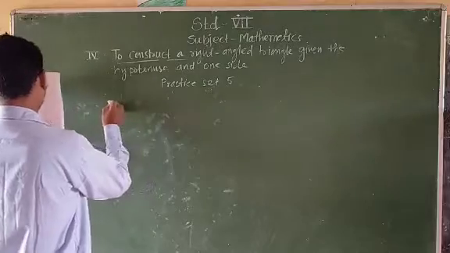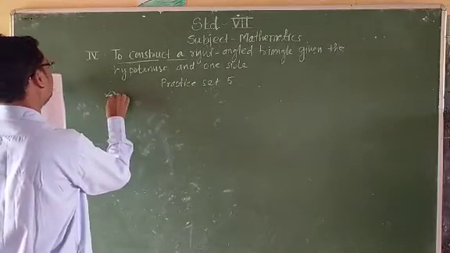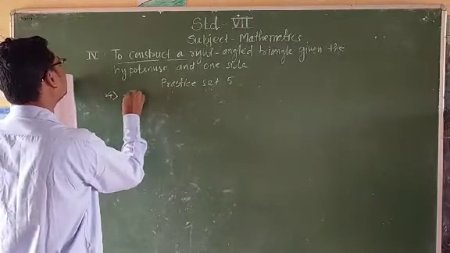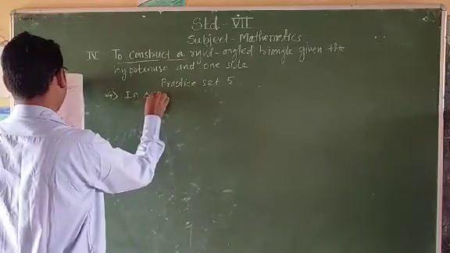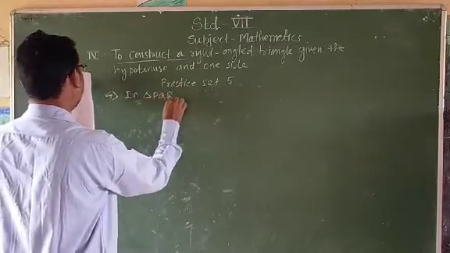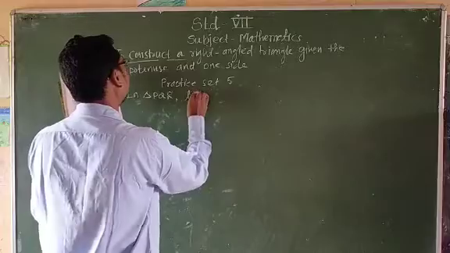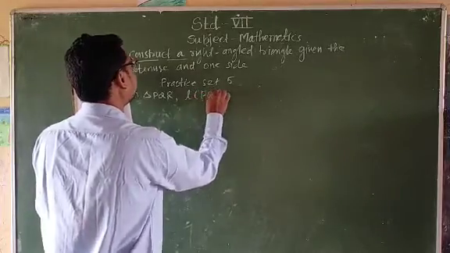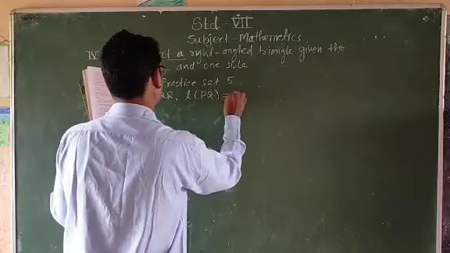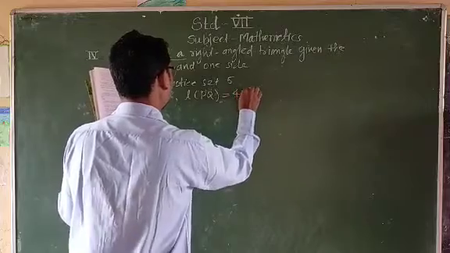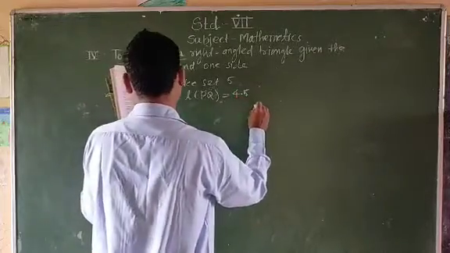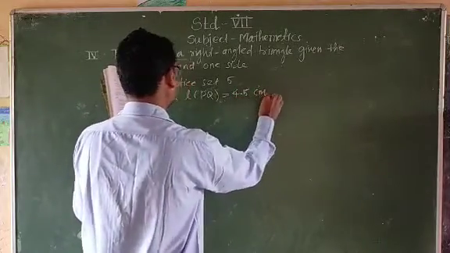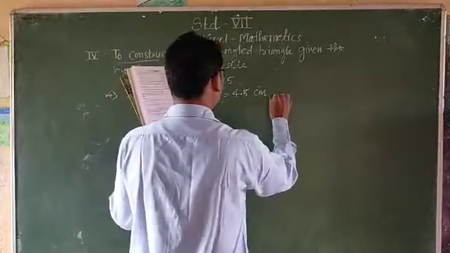तो चौथा प्रॉब्लेम कोणता आहे बघा. In triangle PQR, length of PQ, that is 4.5 centimeter. व्यवस्थित लिहा.